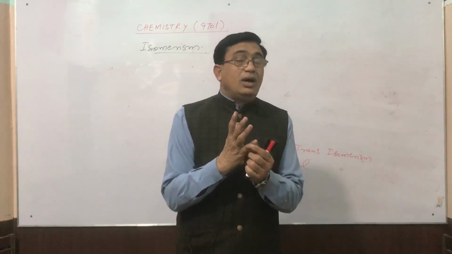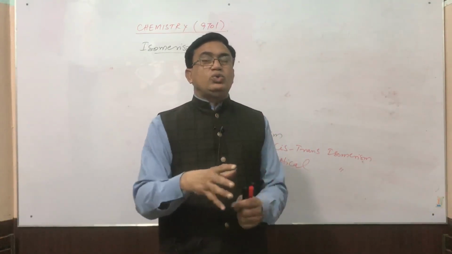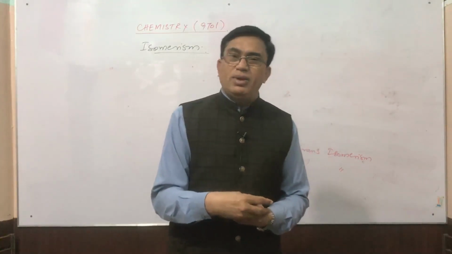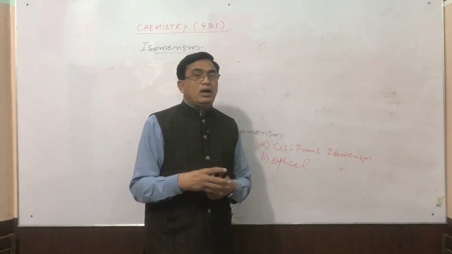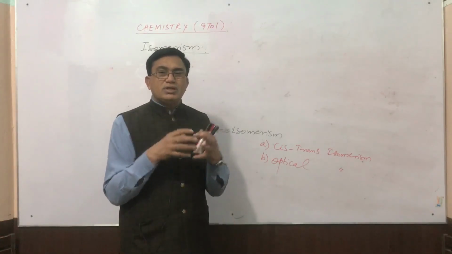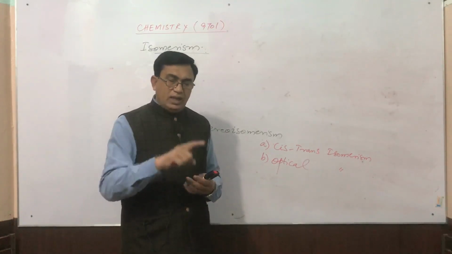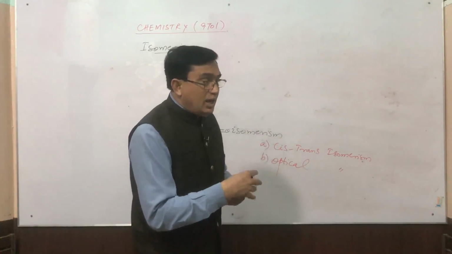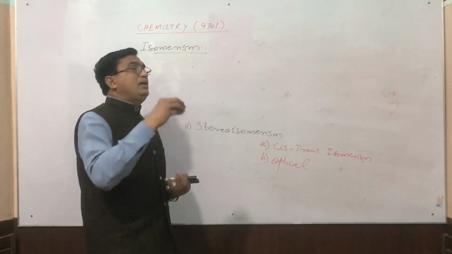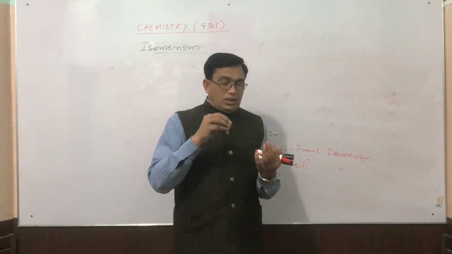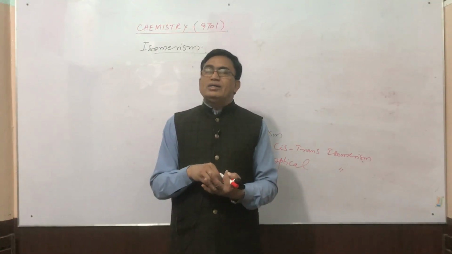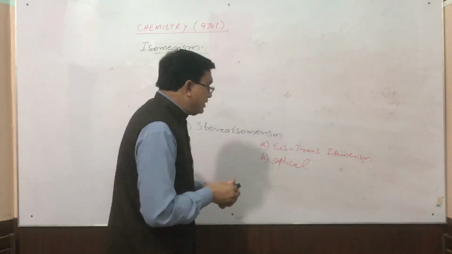And the second point is that all the groups attached at the four positions of the carbon atom must be different. Then definitely that carbon atom will show optical isomerism, and the center showing optical isomerism will be called a chiral center, that will be represented by this.